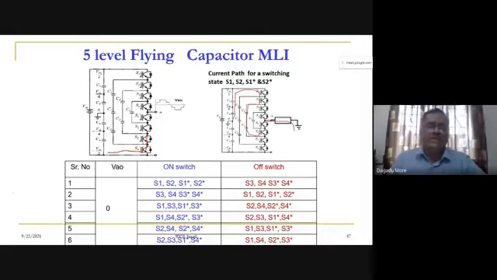Then through these capacitors we again come to the same two C2 capacitors. Then S3 and S4, going to this. Again this C2 and these lower two capacitors. I'm just marking the current path direction.